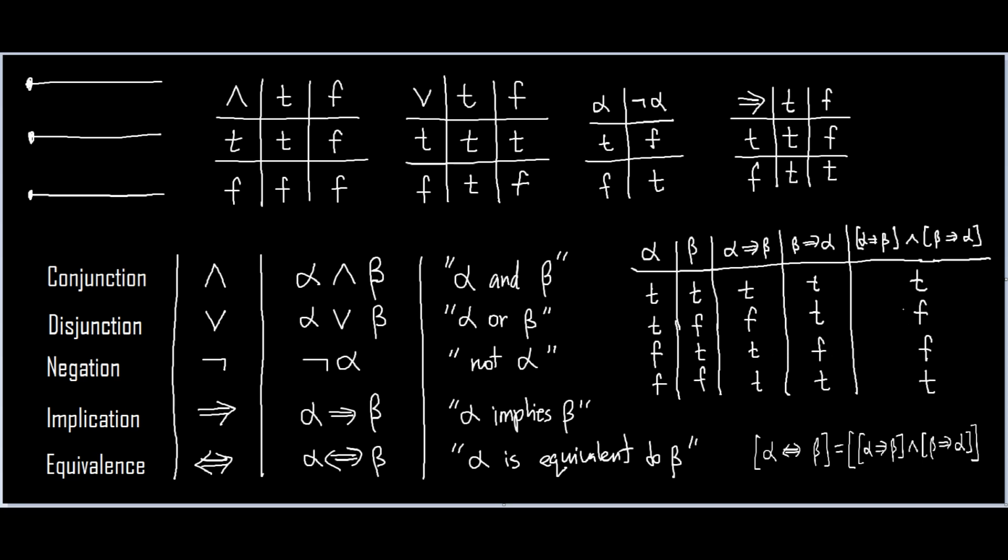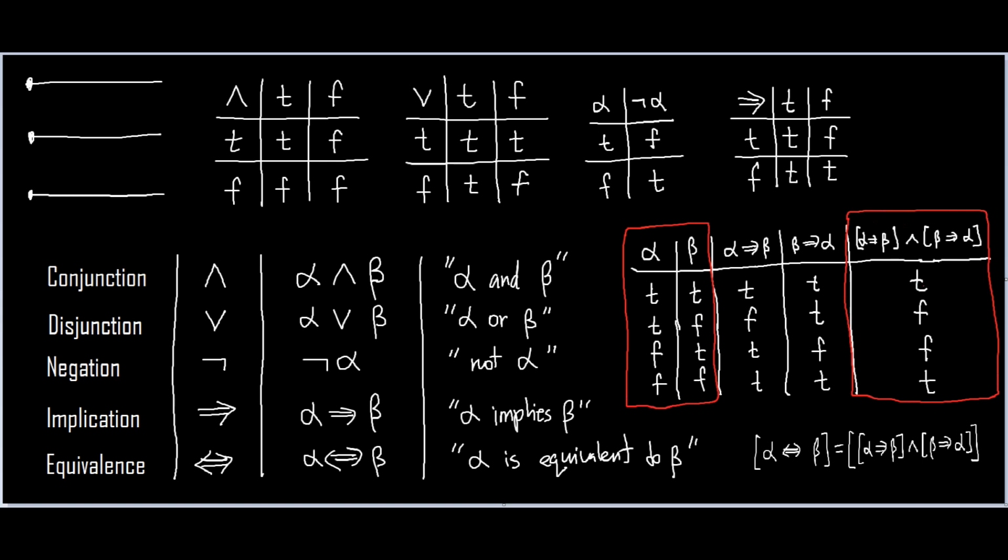We now see what the truth table of this thing will be by going back to the original first columns and highlighting this. So now what we're interested in is to read this information here, which will tell us the truth values of the equivalence based on the truth values of alpha and beta.